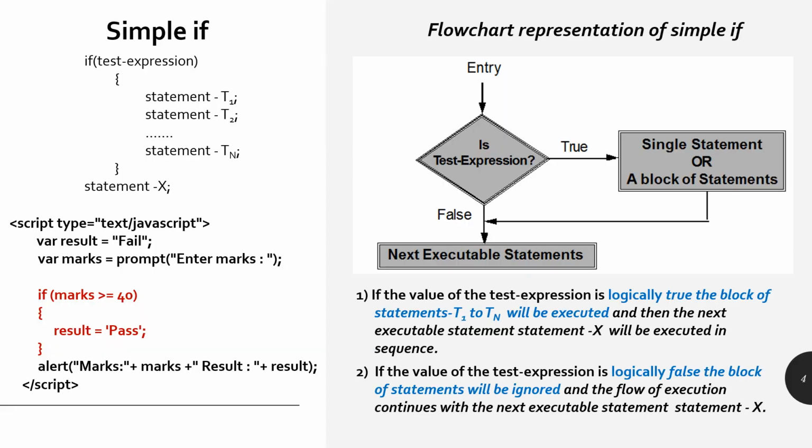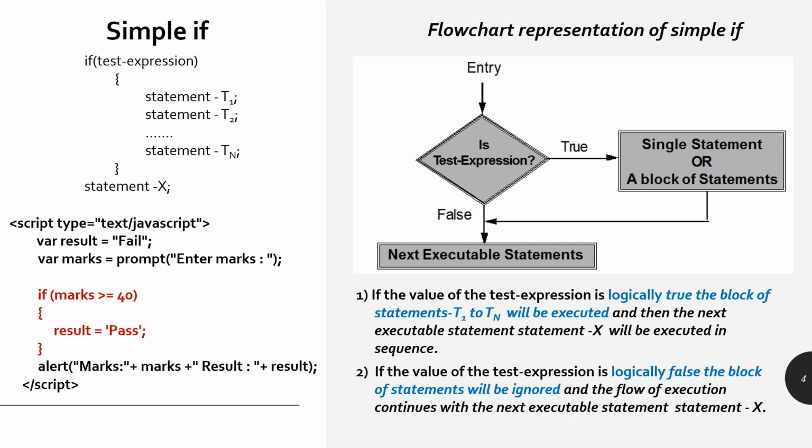To understand the concept, let us start with the simple if control structure itself. The flowchart representation of the simple if control structure is like this. This shows the flow of execution.